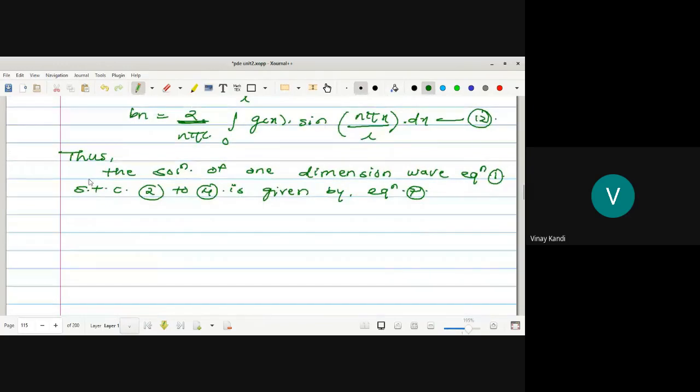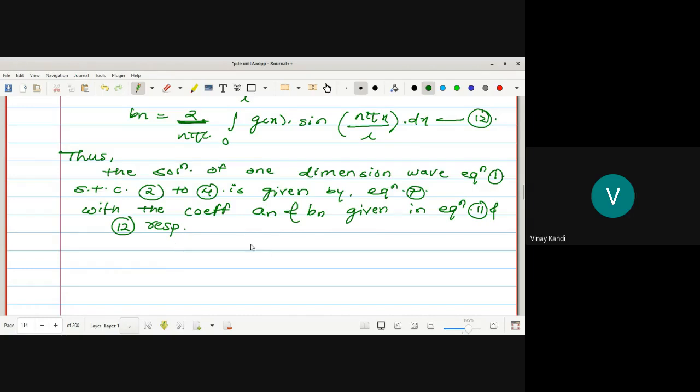Okay, it's given by equation 7 with the coefficients a_n and b_n given in equation 11 and 12 respectively. Okay, so this is the theorem by the variable separation method. The solution of one-dimensional wave equation, okay, when the length is finite.